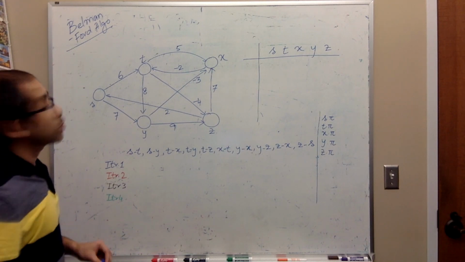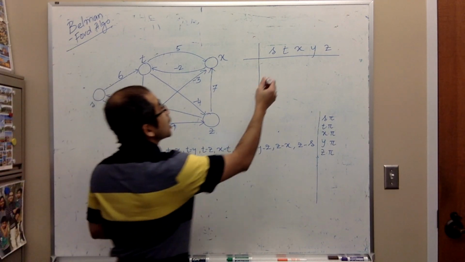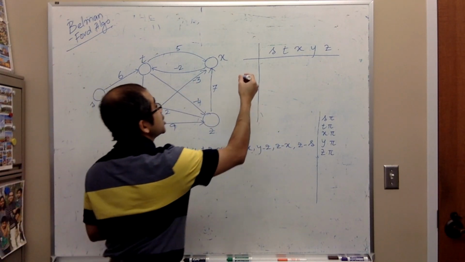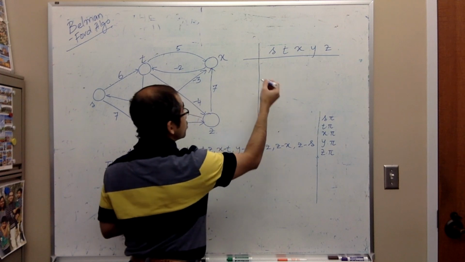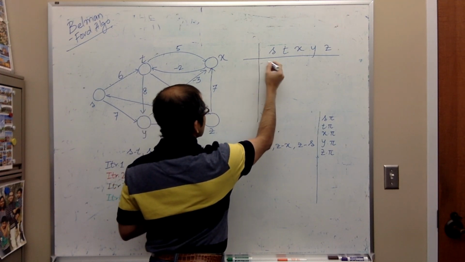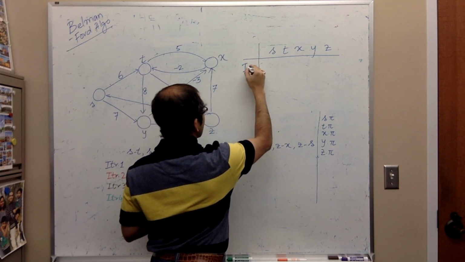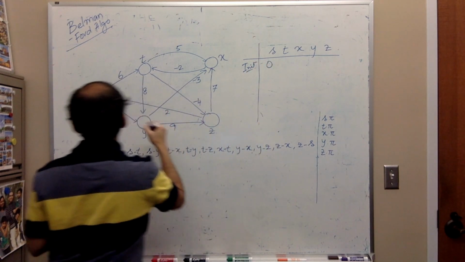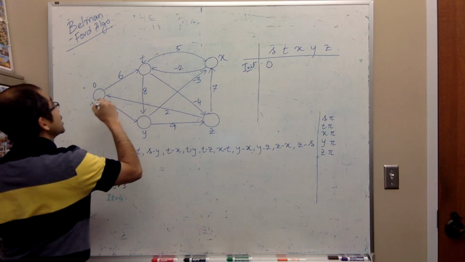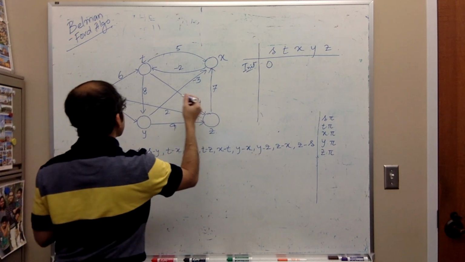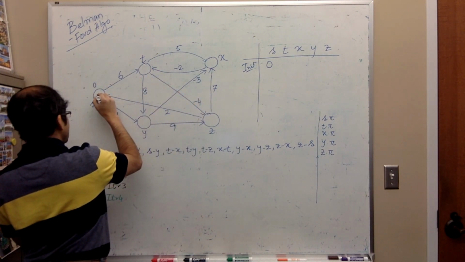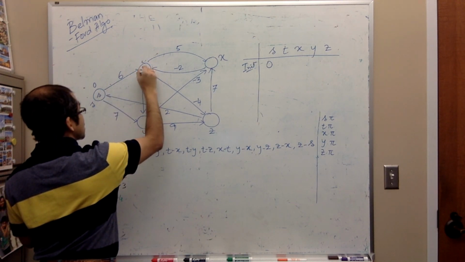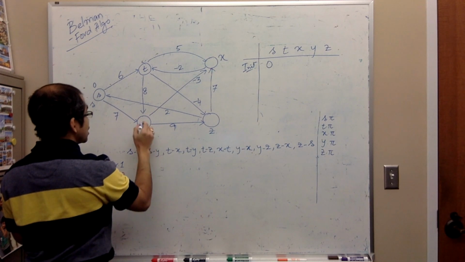And one more thing I want to show you is the distance table. If you remember, when we do the initialization, S is 0. Let me make this one S inside this, just for the sake of simplicity.